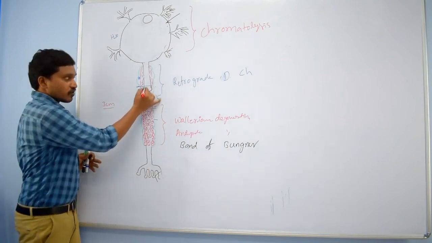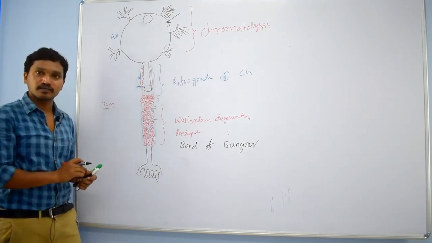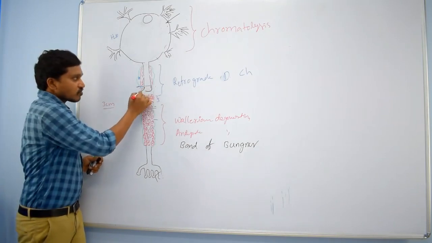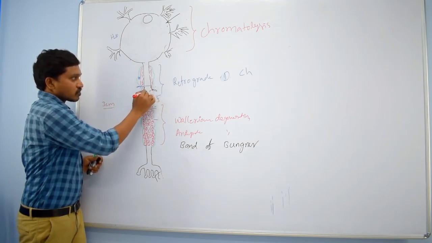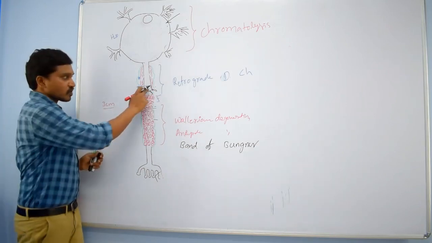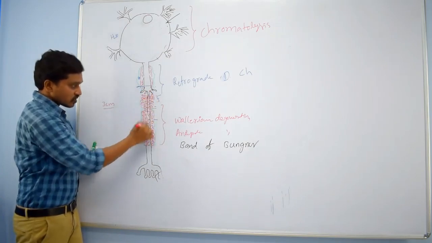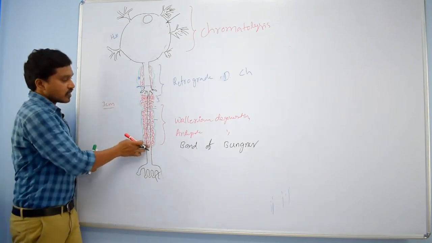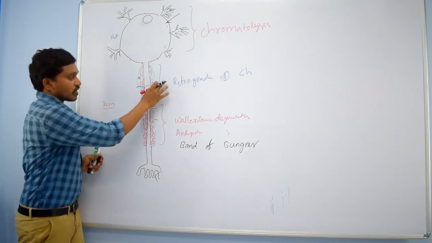I already told you, when it undergoes swelling, from this swelling or dilatation, there will be origin of 8 to 10 axonal sprouts. One of these axonal sprouts grows and unites with the distal stump, and the communication between the proximal stump and distal stump is established.